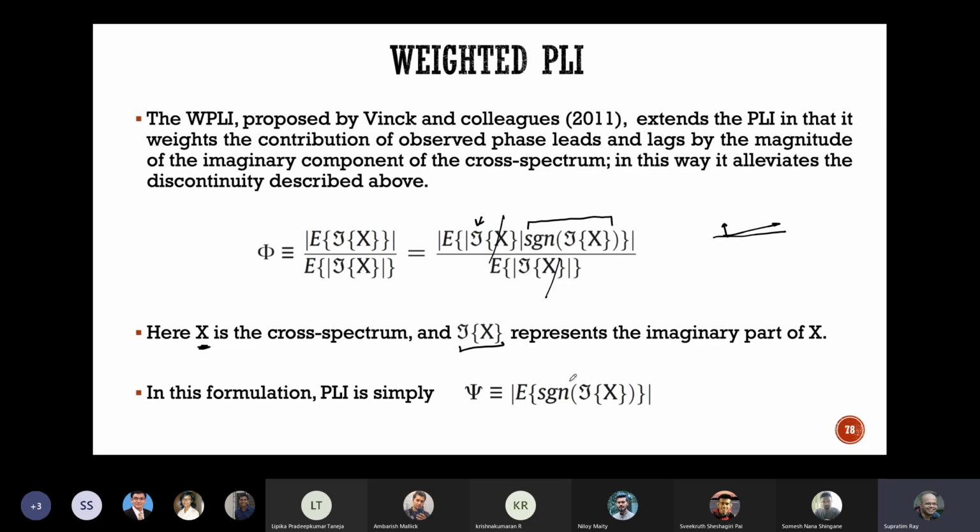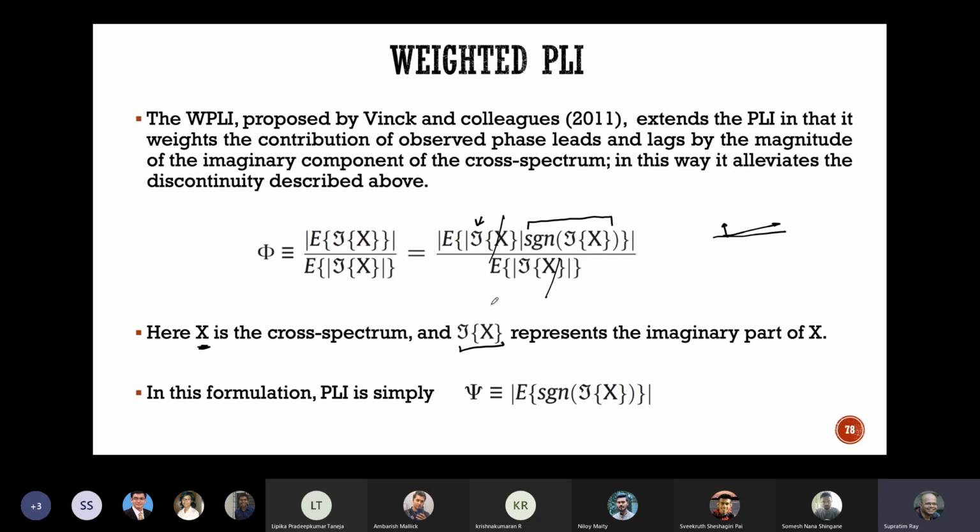So I can just look at the sign of the imaginary part instead of the delta phi. But I'm scaling it by the magnitude of the imaginary component and then normalizing it by the average of these magnitudes, and this is the WPLI.